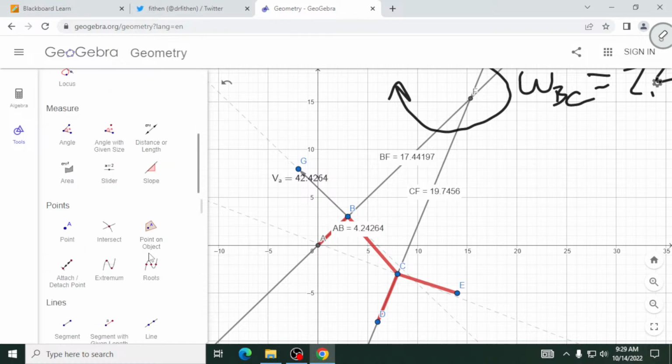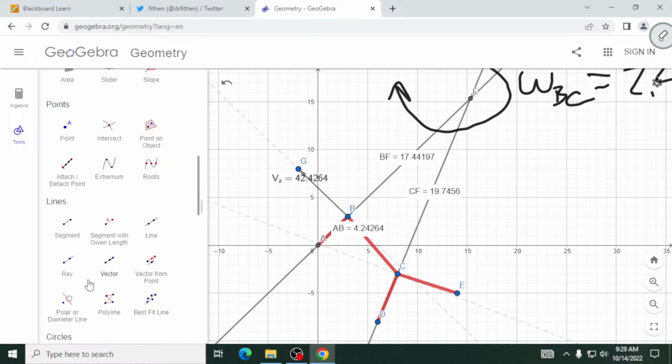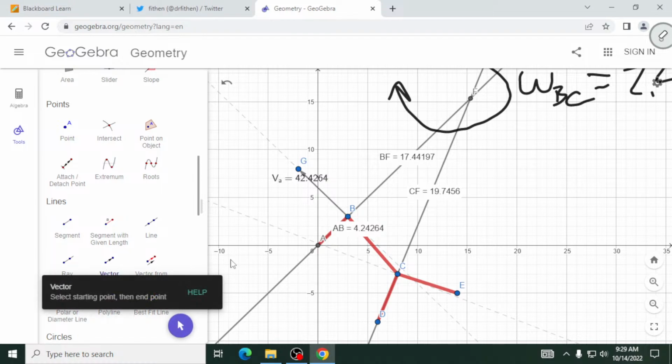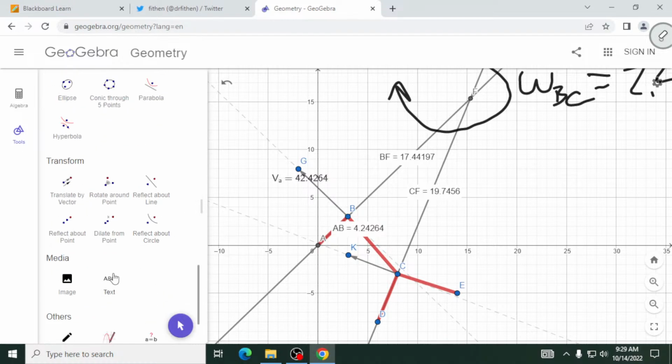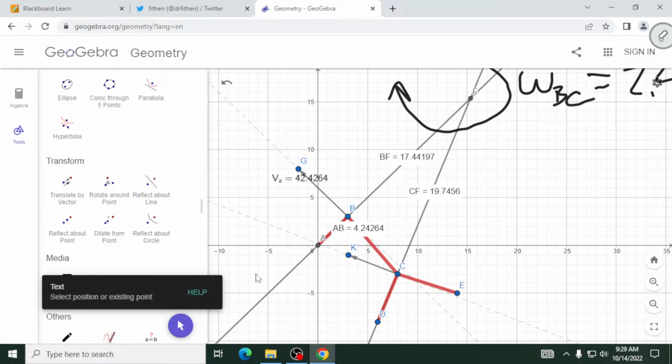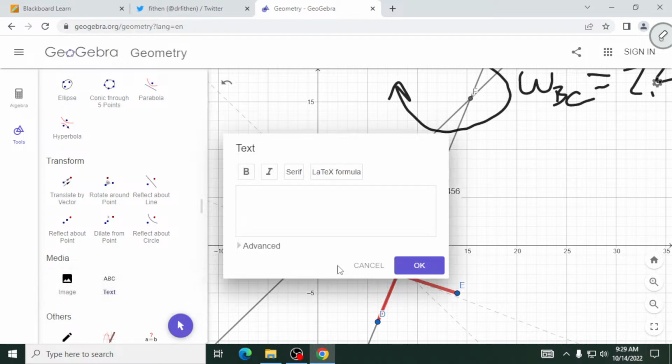Then I'll draw a vector. So there's my vector. This will be along here, perpendicular, and its value is going to be, let me go find the text. Select the position. Okay, so velocity of, okay, what was it?